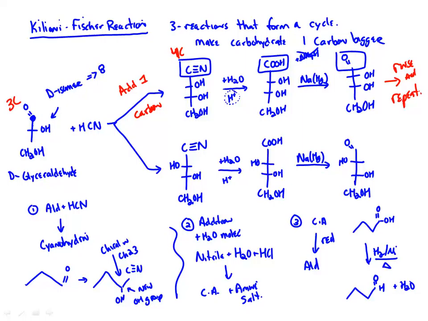So the idea is that now I can take that 4-carbon molecule, and if I wanted to, depending upon which one I chose, I could start all over, right? So eventually this molecule, if I did one Kiliani-Fischer cycle. Hey, one Kiliani-Fischer cycle, KFC.